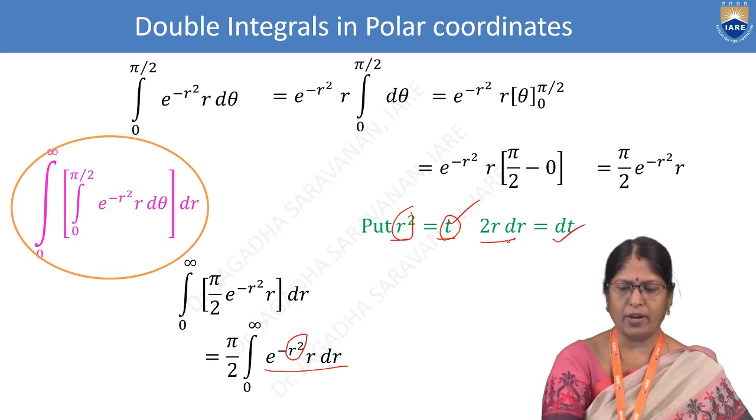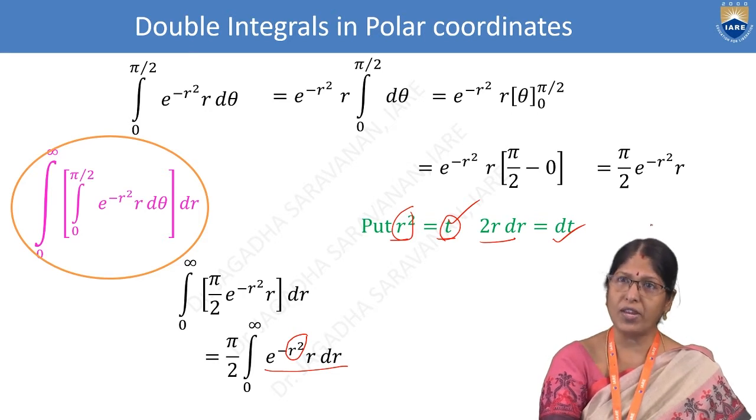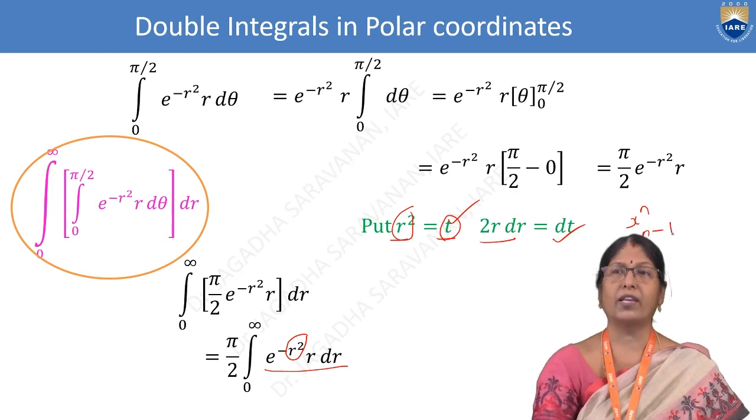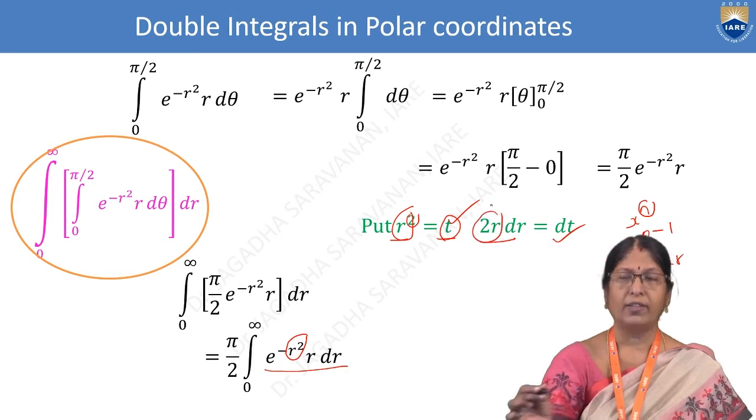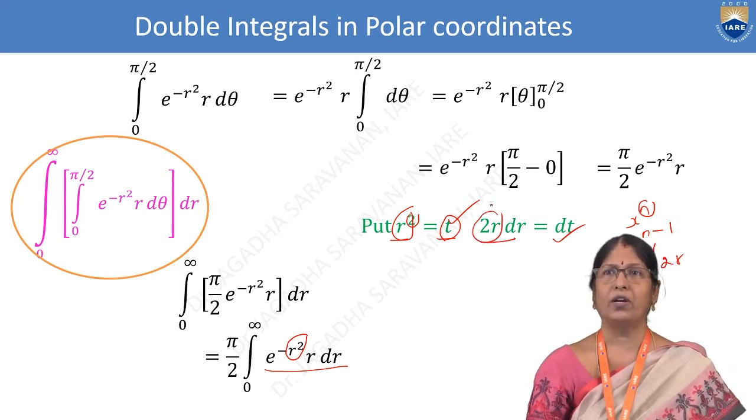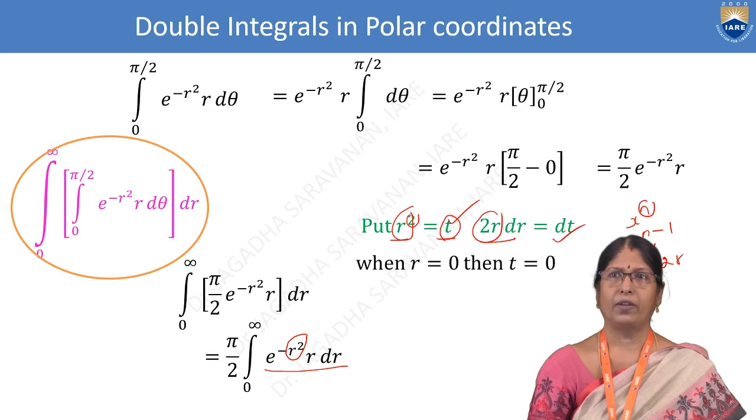For r square, we know the differentiation formula: x power n is n into x power n minus 1. Our n is 2. So 2r, 2 minus 1, it's nothing but 2r. That's what we got here for the differentiation: 2r.